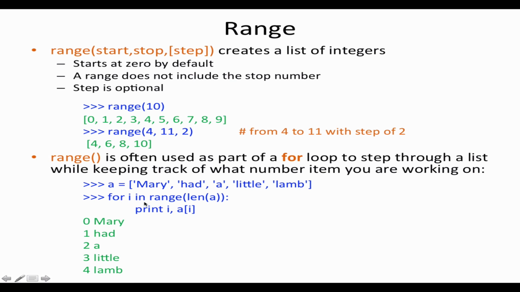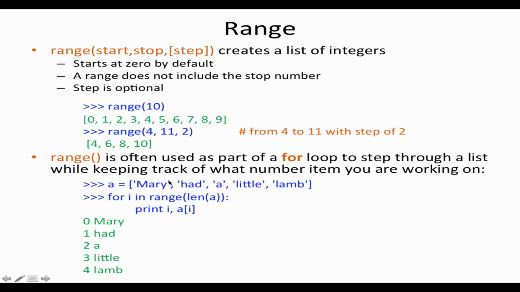And we say for i in range length A. So that means going through list A from the 0th item to the last item, because range len works that way. Both the way the list is indexed and the way you calculate the range work together to give you all the items in the list, and also tell you which item you're working on.